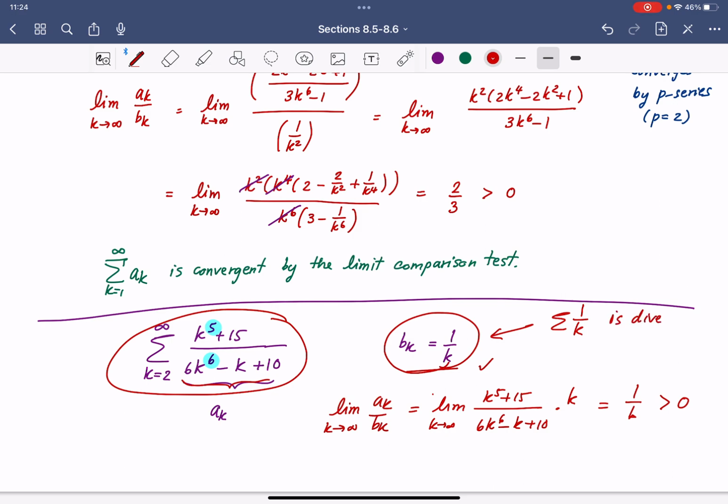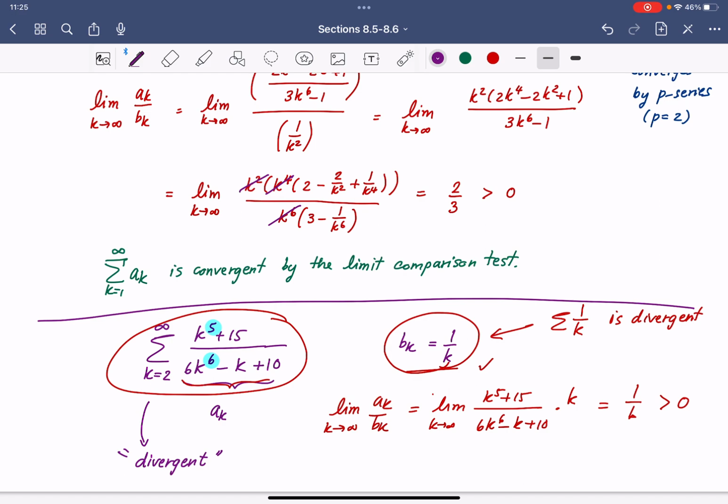Which means the answer is that this is divergent as well. Make sense? Shouldn't be hard for engineering students. I feel like the limit comparison test is much easier compared to the comparison test because the technique is pretty clear, what you have to do. Good.